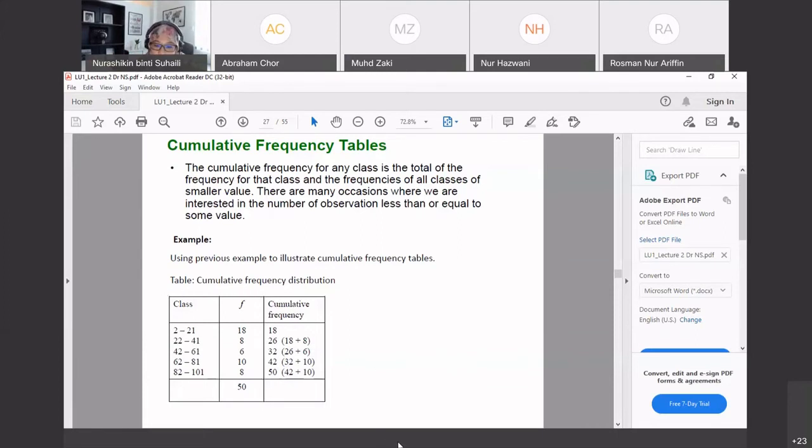I just want to show you what group data means. So the mean of group data, how do you calculate it?